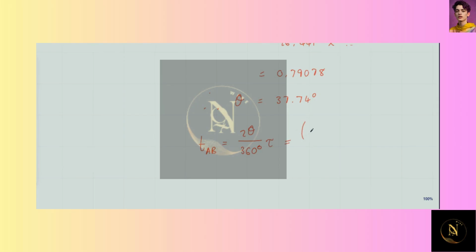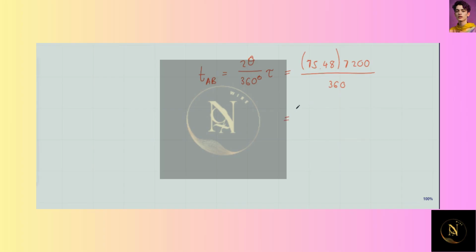And so this is 75.48 times tau, 7,200, over 360. Hence we get that time, TAB, to be 1,509.6 seconds, which works out to 25.2 minutes.